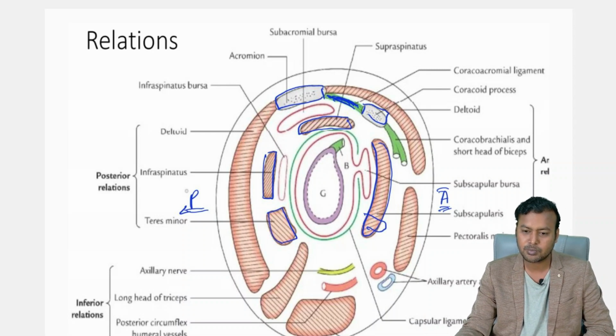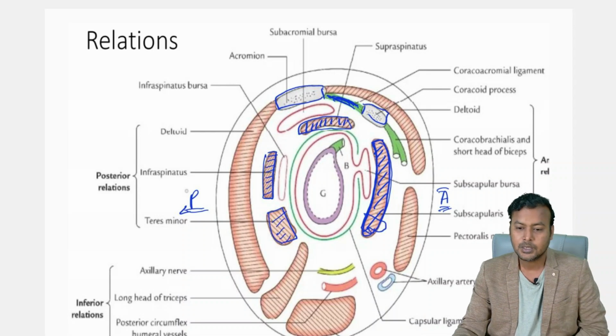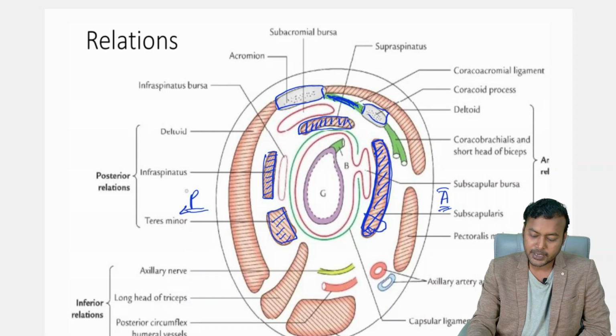So these four muscles which were forming the components of the rotator cuff are the immediate deep relations of the shoulder joint. Ventrally you have the subscapularis, superiorly you have the supraspinatus, and posteriorly you have the infraspinatus and the teres minor.